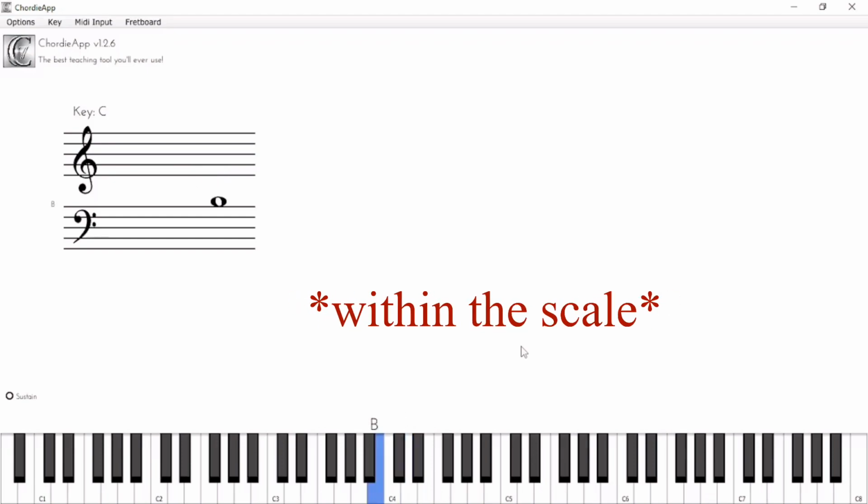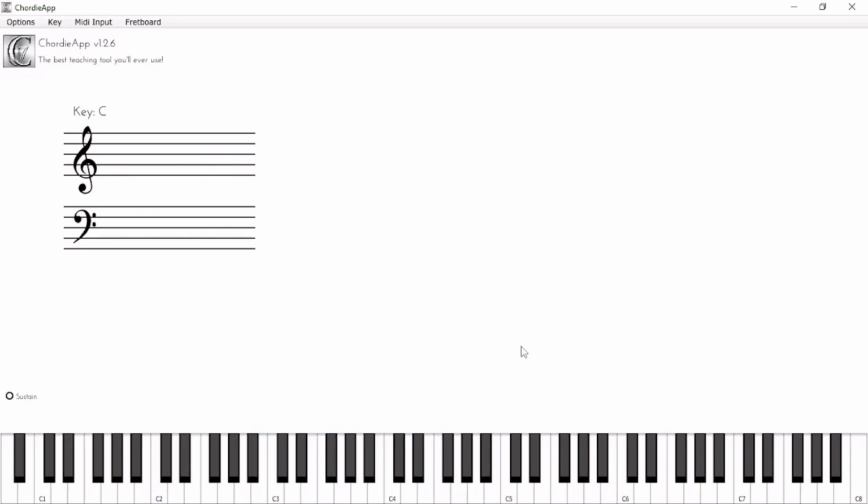One, two, and I have B minor, which is the relative minor of D major. I hope that makes sense. It's a quick tip that's going to save you a lot of time and effort, and a lot of trouble.